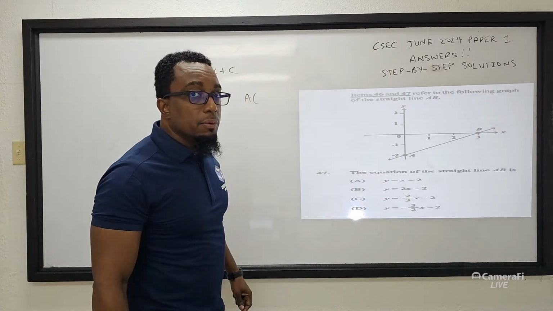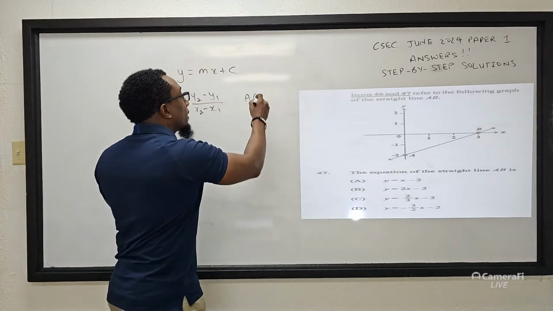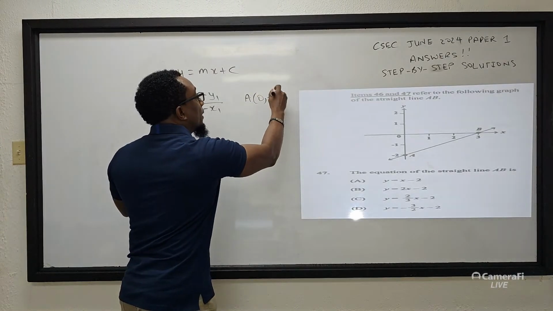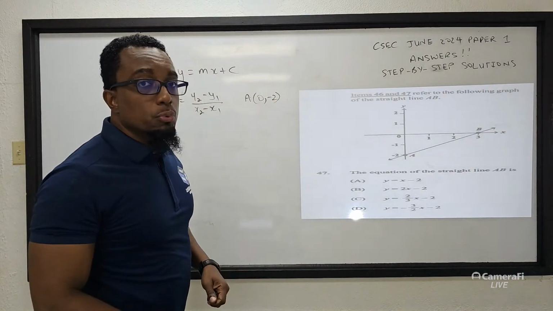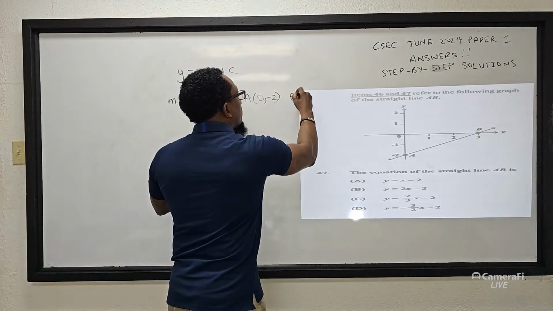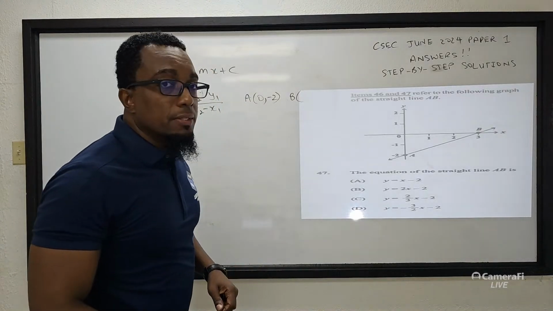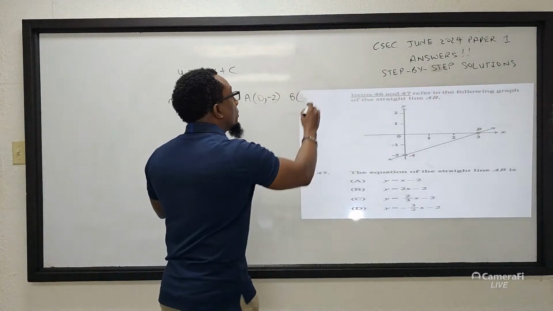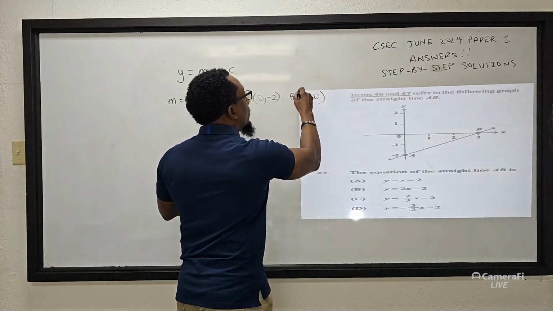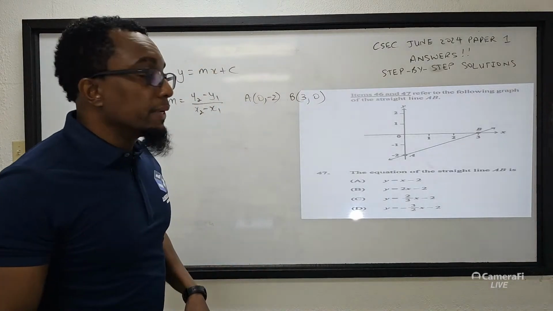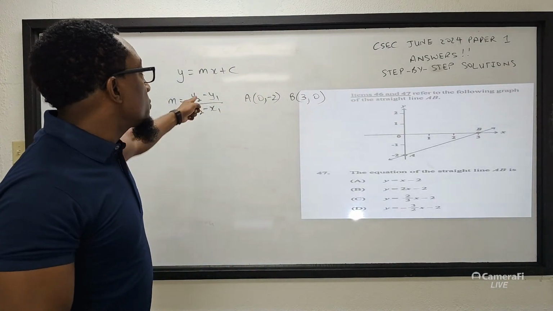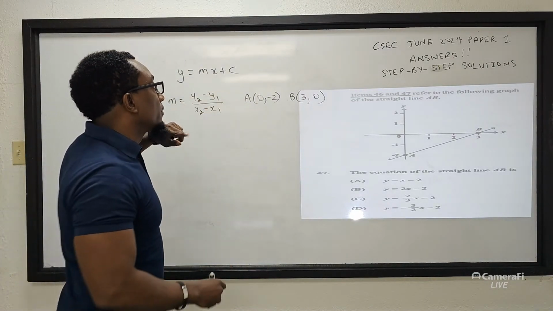And once a line meets the y-axis, we know the x coordinate is automatically 0 and y in this case is negative 2. B, we know that line meets the horizontal axis or the x-axis, so we know y is automatically 0 and x in this case will be 3. So with 2 points, we can use this formula to find the gradient.